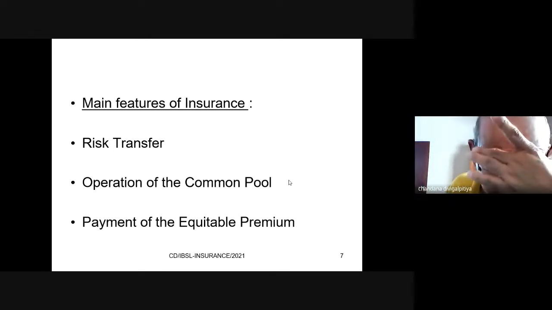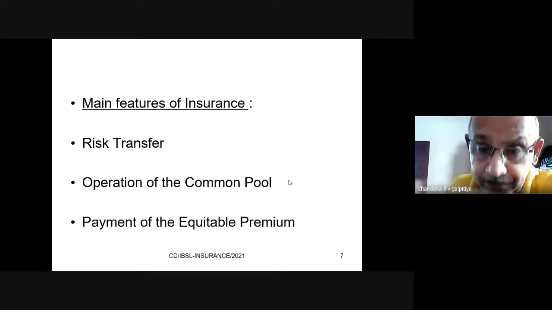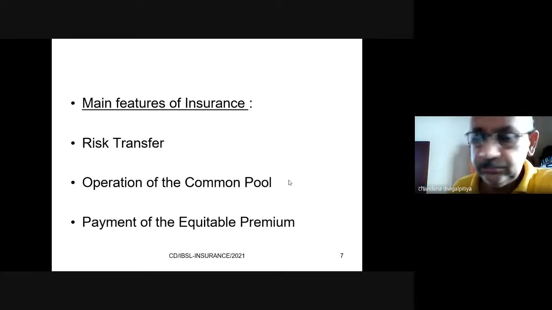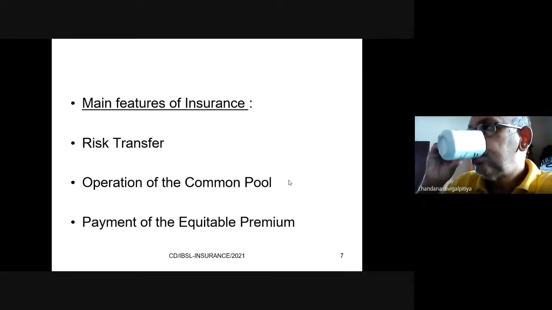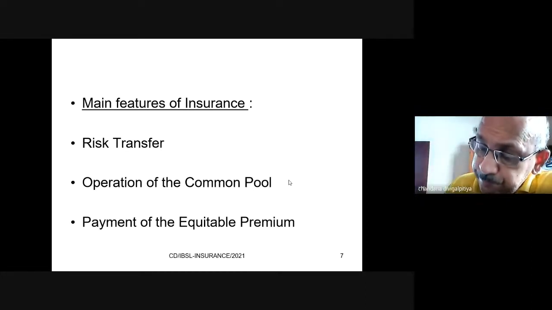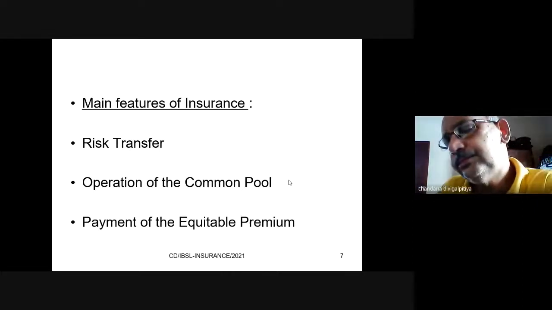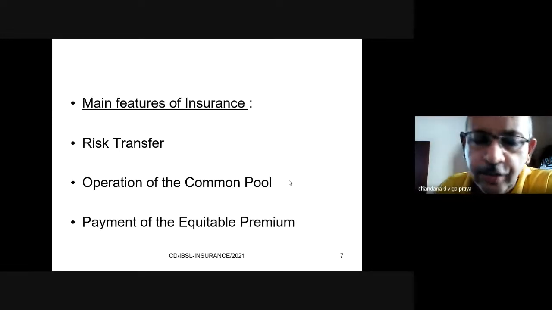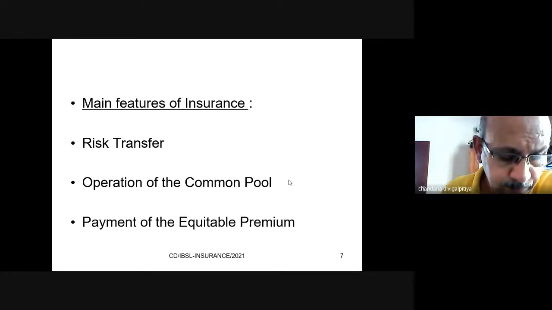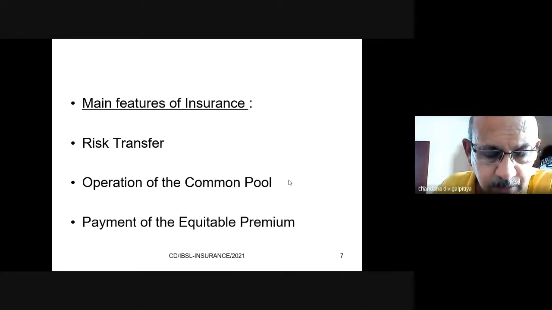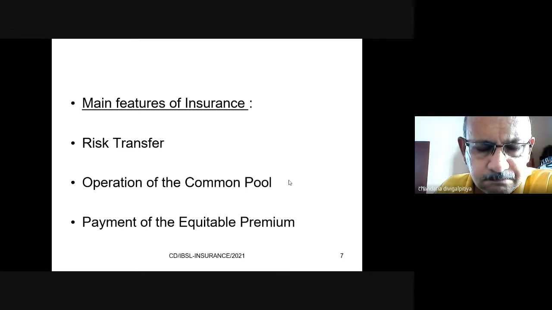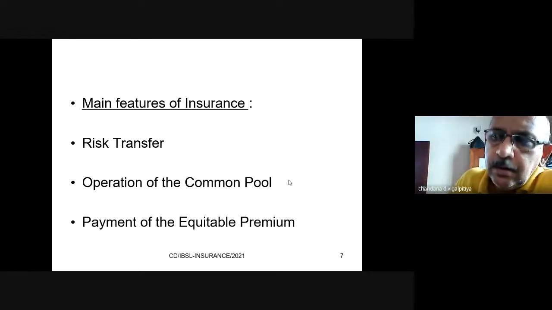Next line, similarly, in a vehicle pool, it consists of vehicles, transport vehicles, and different types of vehicles.